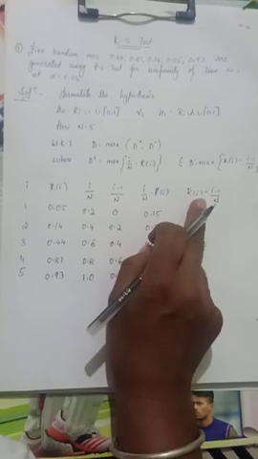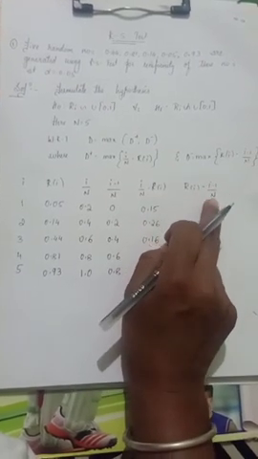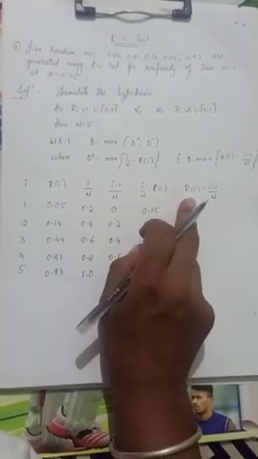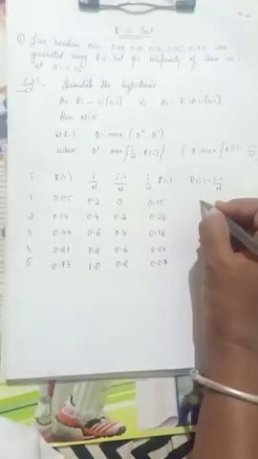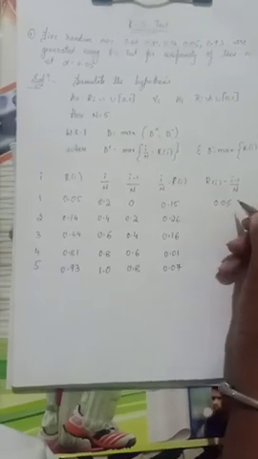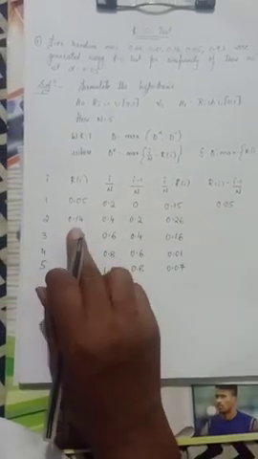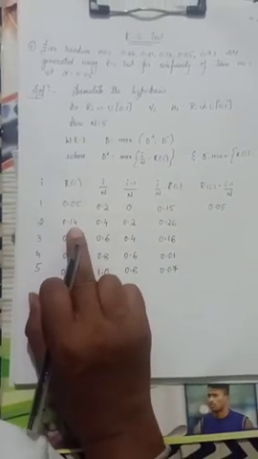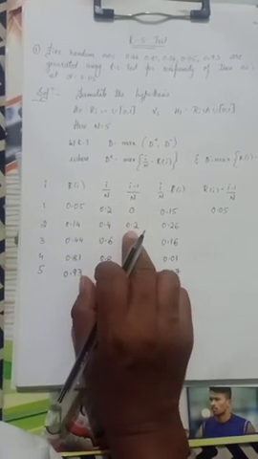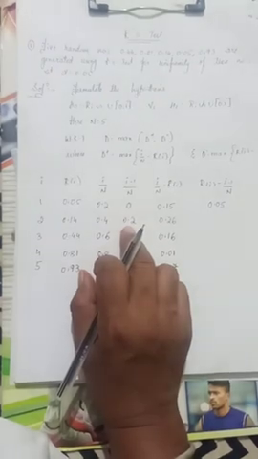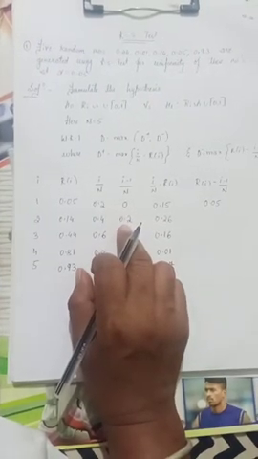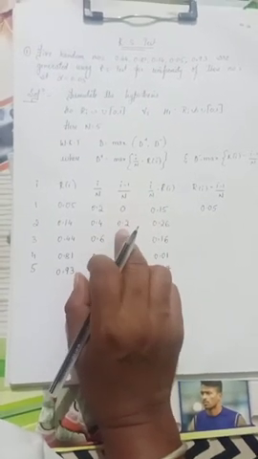The same thing will be followed for R of i minus (i minus 1) by n. We already found (i minus 1) by n, that is this one. What is the R of i value? That is 0.05 minus 0, which will be 0.05. The next, 0.14 minus 0.2, will be 0.06.